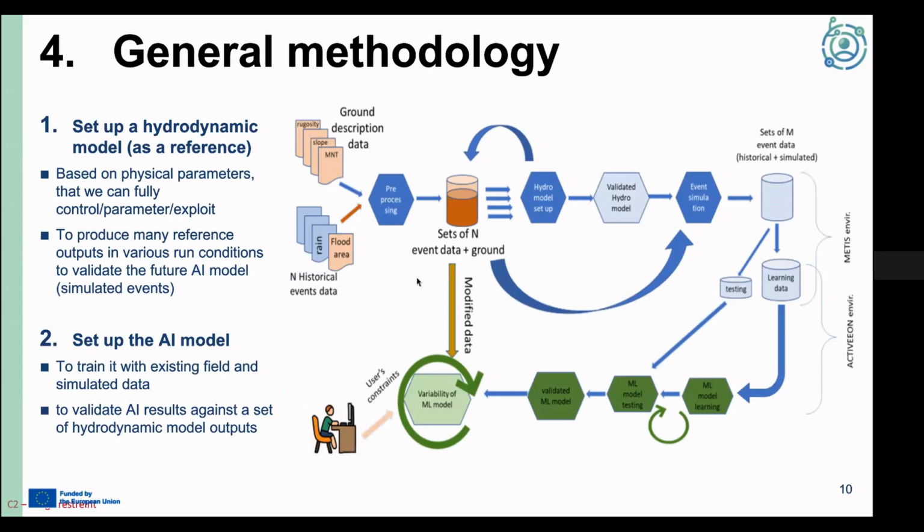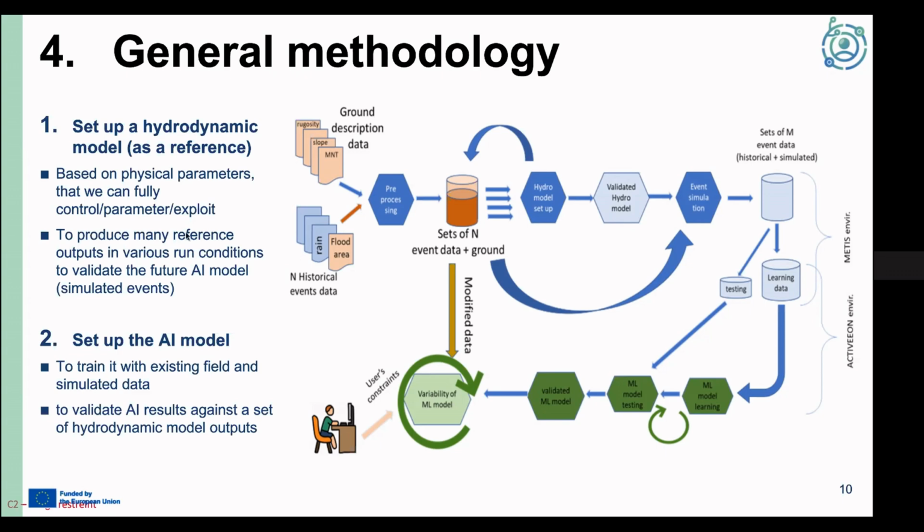In the use case, we choose to work in a certain way. So we choose to work with a hydrodynamic model as a reference because it's very hard to have an in situ flood raster. So we know that our hydrodynamic model is working quite well. And in that way, we are able to generate the events that we want.